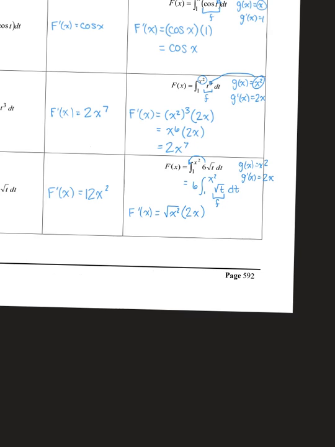Okay, we also have this 6 out here that we just got to stick out in front. Well, the square root of x squared is just x, so I have 6x times 2x, which is 12x squared.